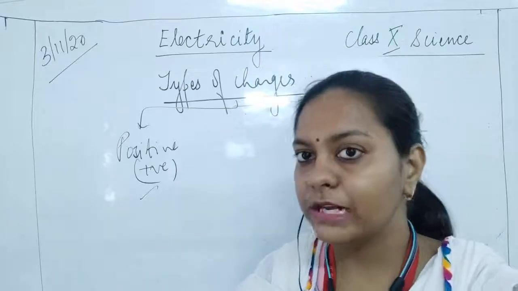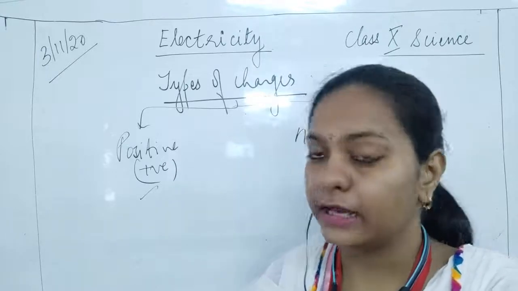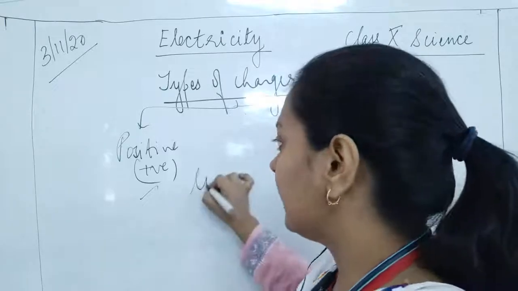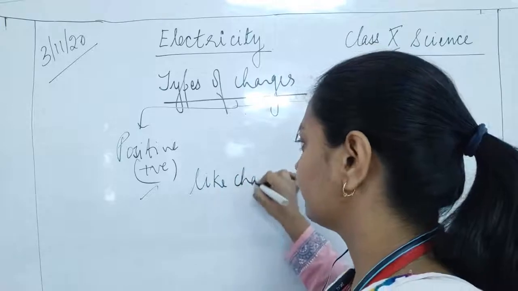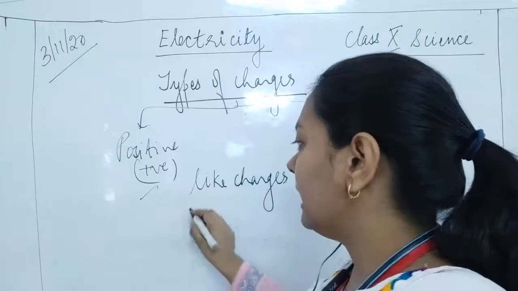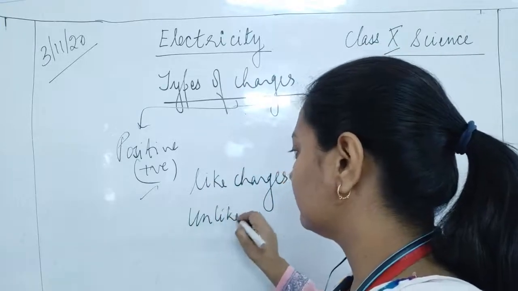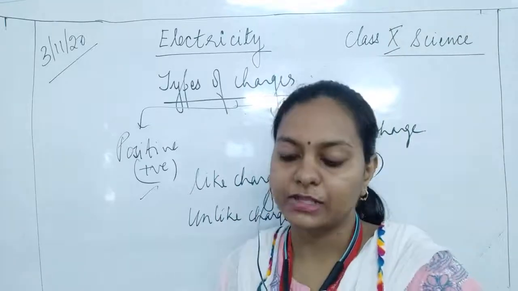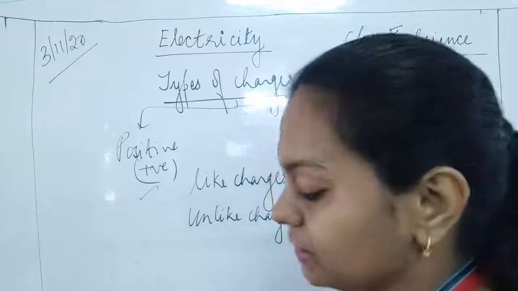The behavior of the electrical charges is that there are two words which you need to understand over here: like charges and unlike charges. What do you mean by like charges and what do you mean by unlike charges, children?